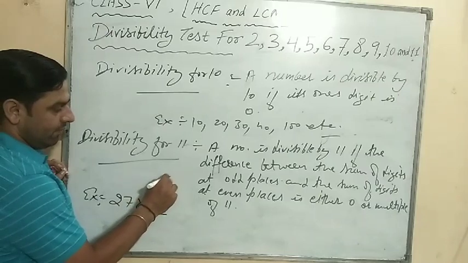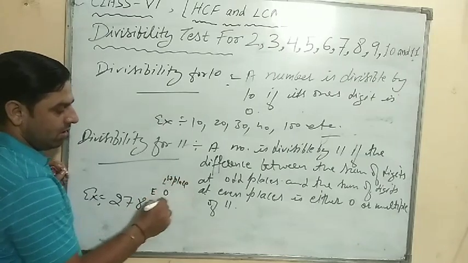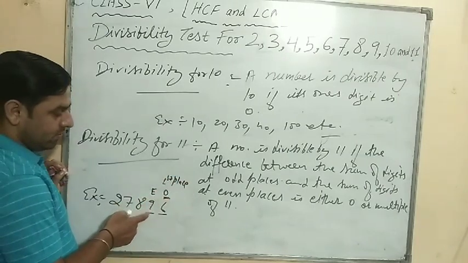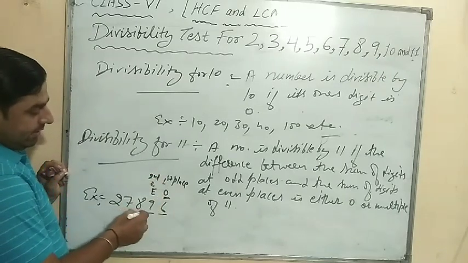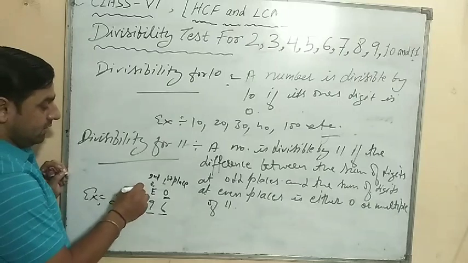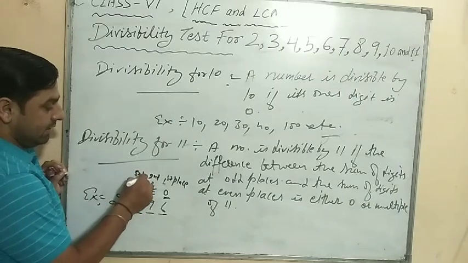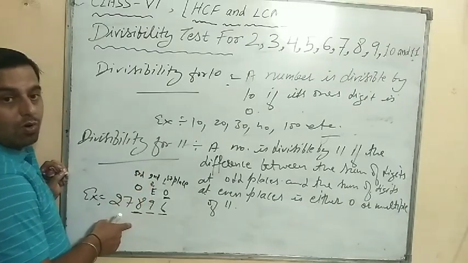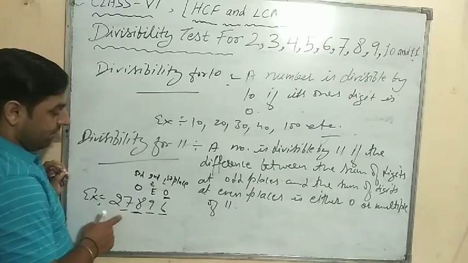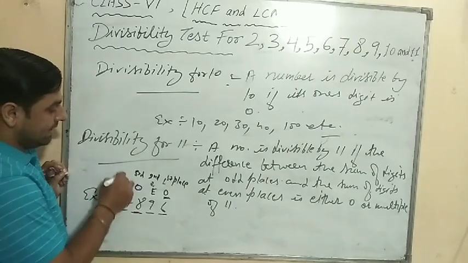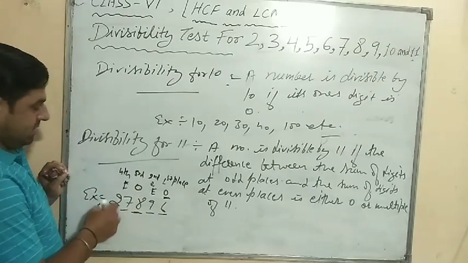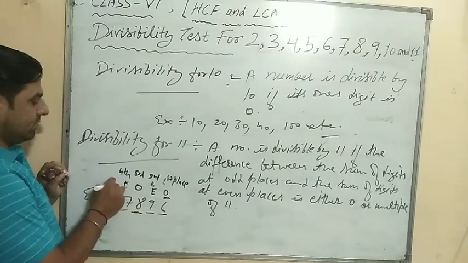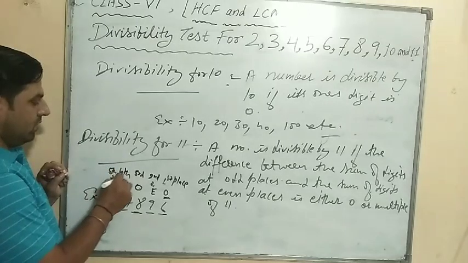It is called the first place, that's why odd, and the second place, that's why even. The third place is odd, the fourth place is even, and the fifth is odd.